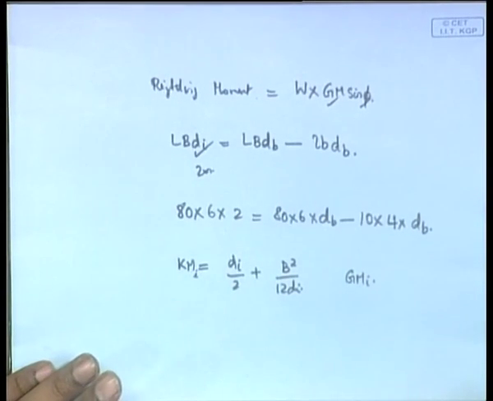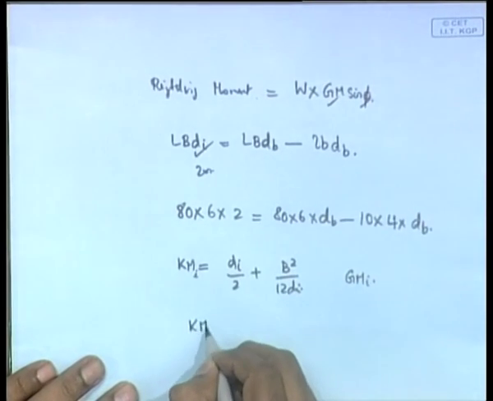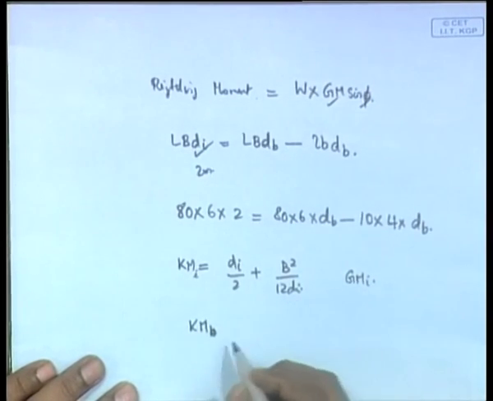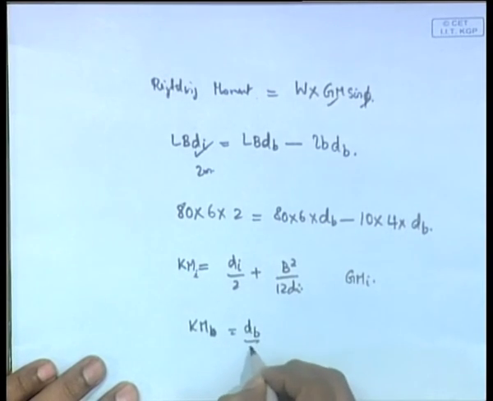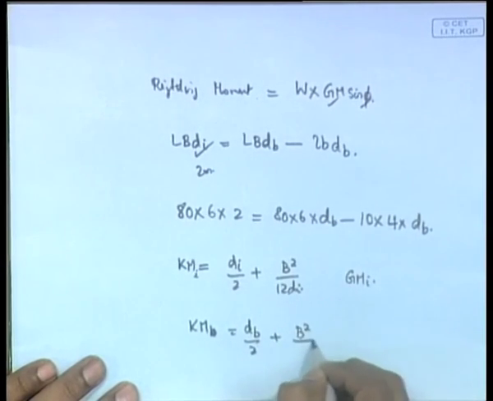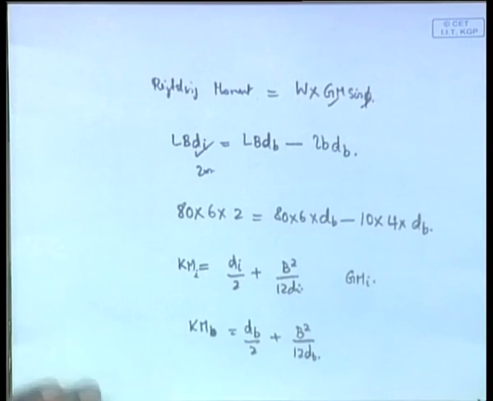Then you do it for bilged: KM bilged is dB by 2 plus B squared by 12 dB. You will get GM in the bilged condition. That is the only thing asked. You are asked the GM in the intact and bilged condition, and the bilged draft. Actually, this is quite simple.